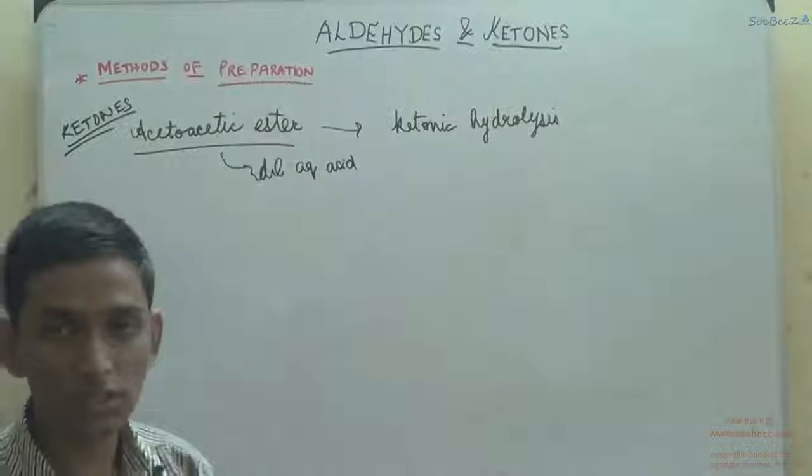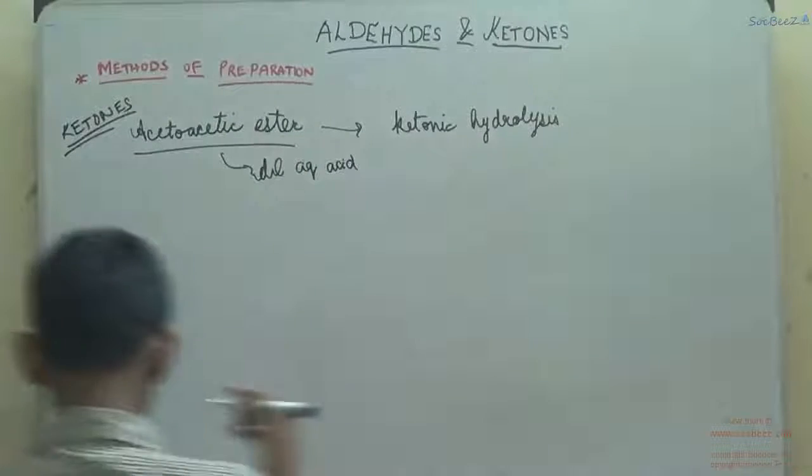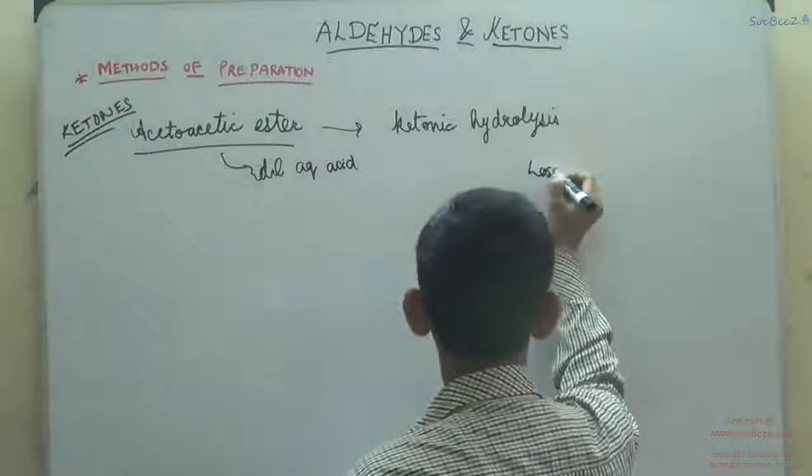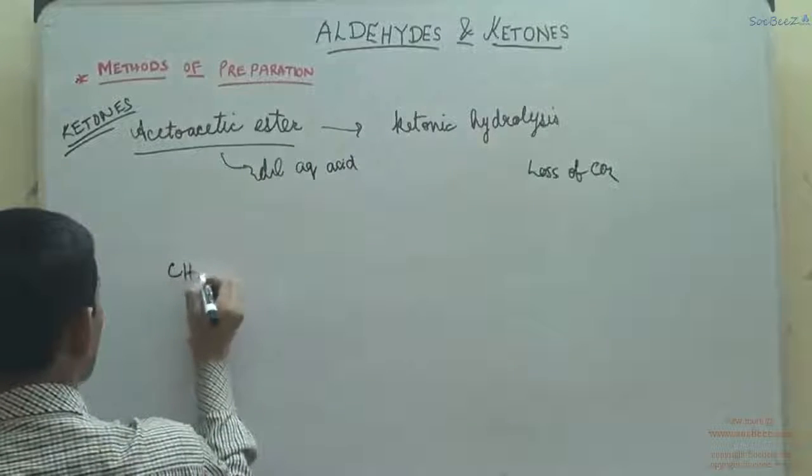So there are different hydrolyses possible. Basically this is characterized by loss of carbon dioxide. Let me write acetoacetic ester.